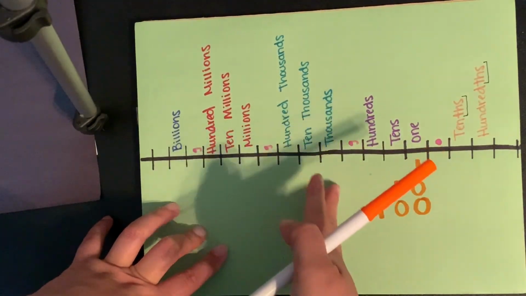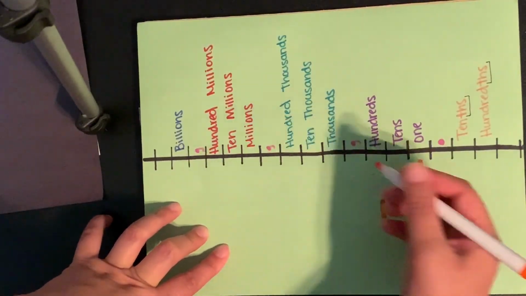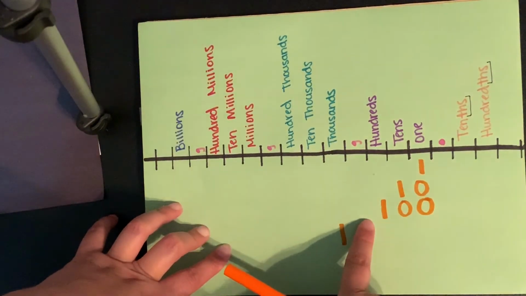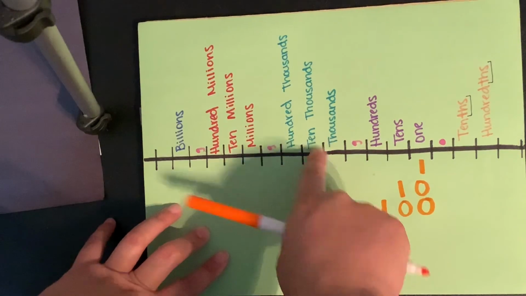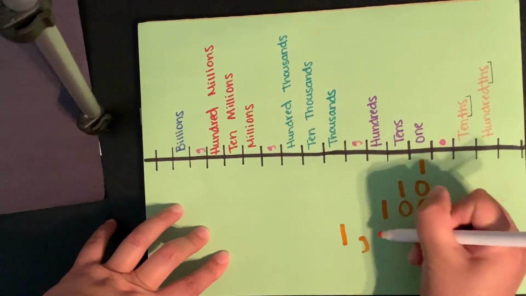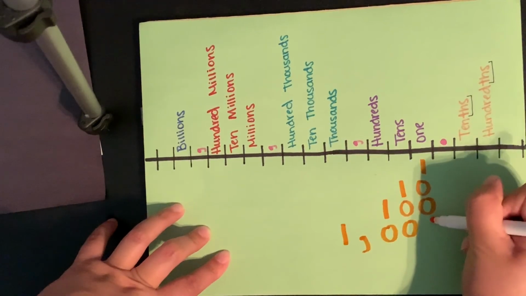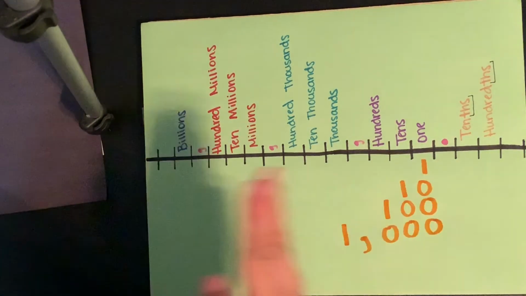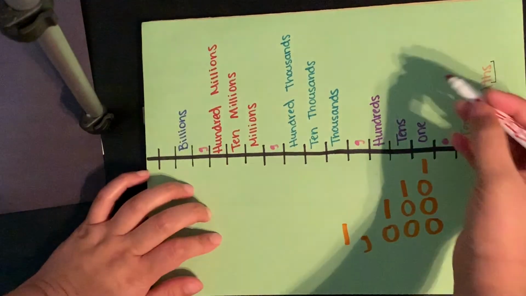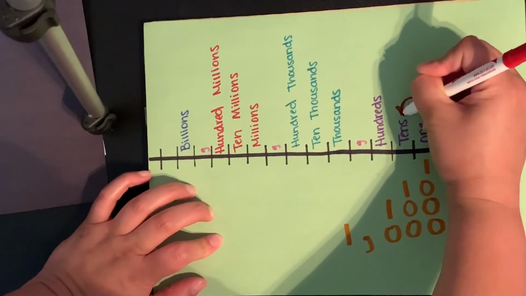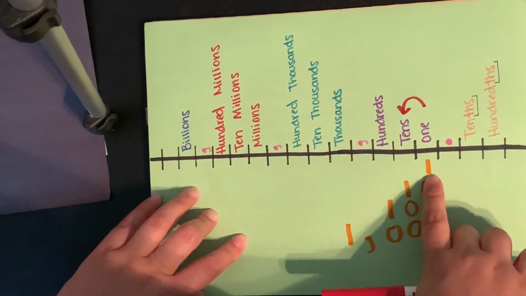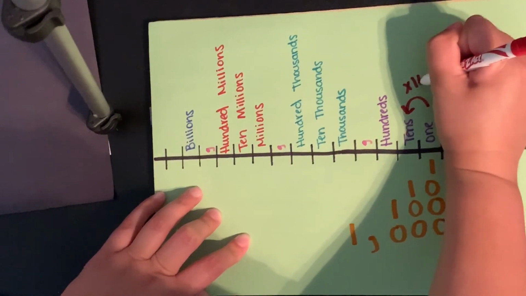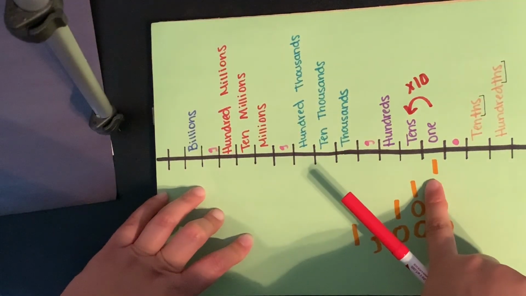This pattern continues the same way. If you keep moving it 1 to the left, it gives it a greater value. Now it has 1,000. This pattern continues as you move to the left of the decimal. When we went from 1 to tens, the value went 1 to 10, which is 10 times greater than 1.